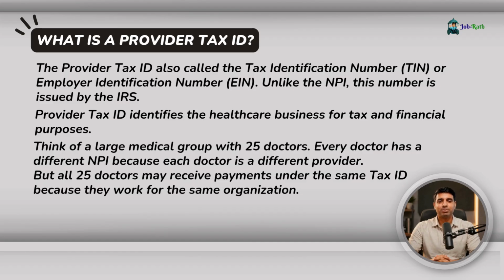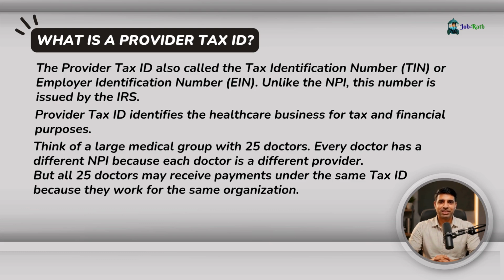Think of a large medical group with 25 doctors. Every doctor has a different NPI because each doctor is a different provider. But all 25 doctors may receive payments under the same tax ID because they work for the same organization. Let's say Dr. John Smith works for ABC Medical Clinic. Dr. John has his own NPI, but ABC Medical Clinic has its own tax ID.